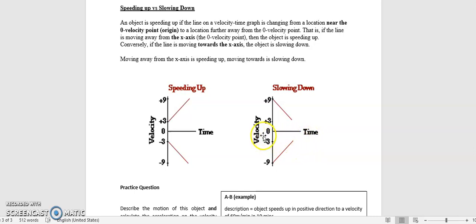So again, slowing down is coming towards the x-axis because we're going from a higher number to a lower number. It's just dependent on if you're in the positive or negative direction. So both of these can be slowing down. Both of these are speeding up. Again, it's just what direction are you going, the positive or the negative?